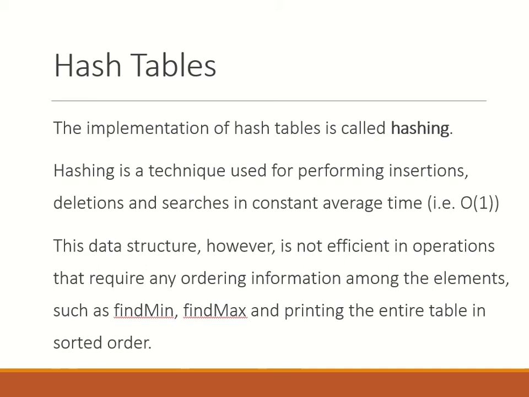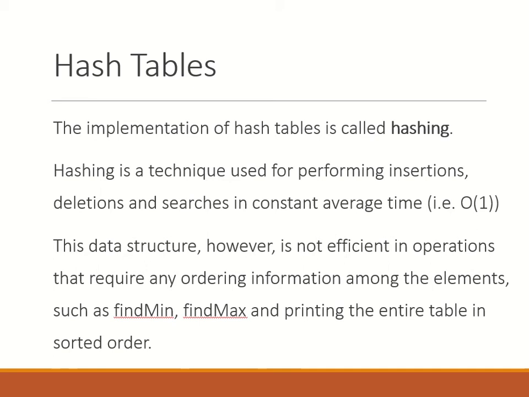Now, keeping this as the advantage, there is one disadvantage for hashing: you cannot store the relative ordering or relationship that exists between the elements of a data structure.